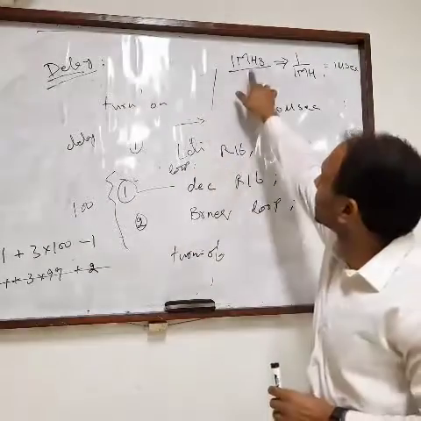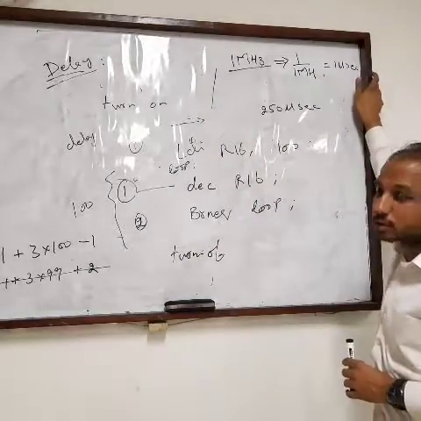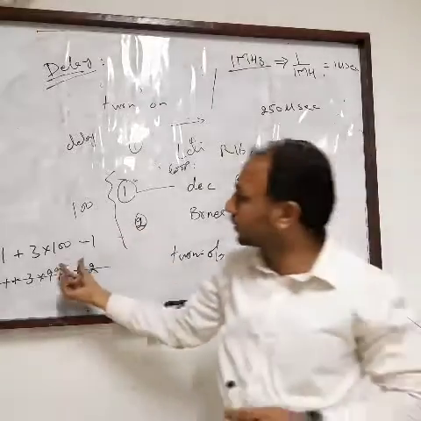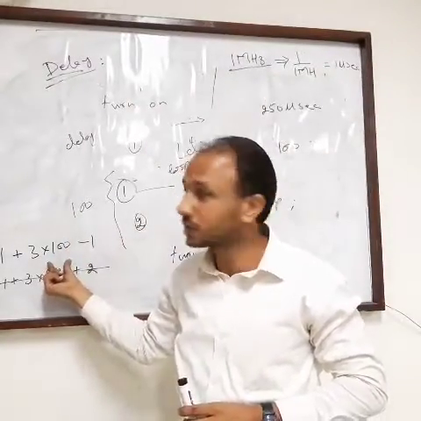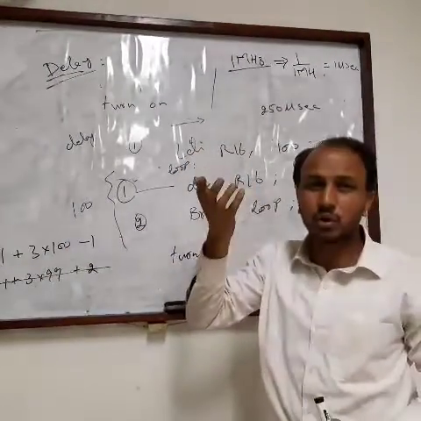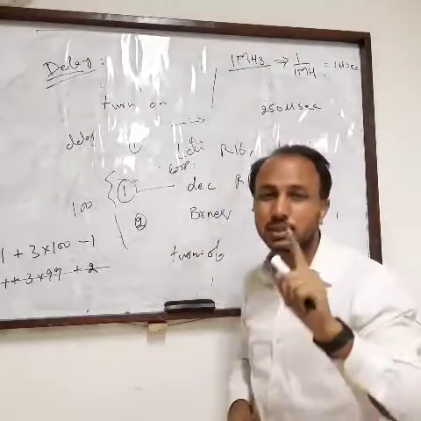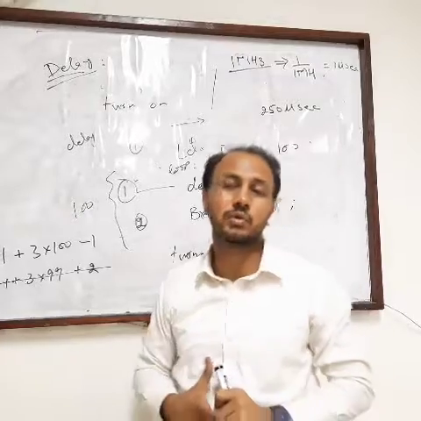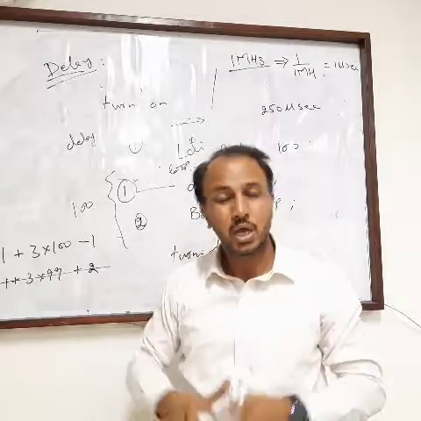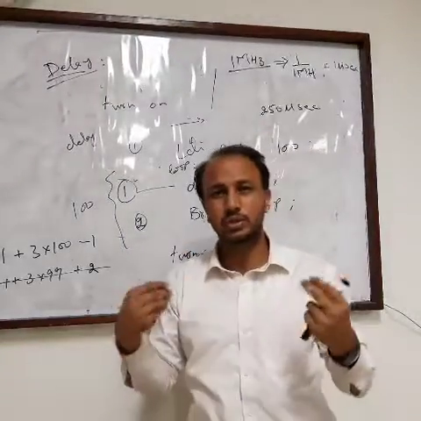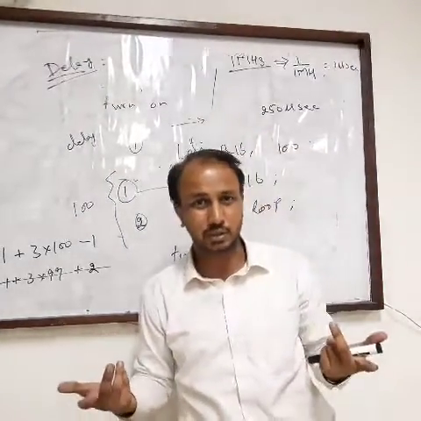Now if your processor is 1 megahertz, your clock speed, the time period, is 1 microsecond, so this will become 300 microseconds. If you are increasing your clock, your delay will automatically get reduced. This is the reason we need to understand our assembly language. Your code has not changed, your code is the same, only you change your processor speed.